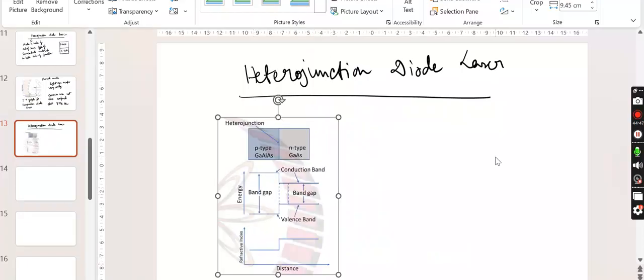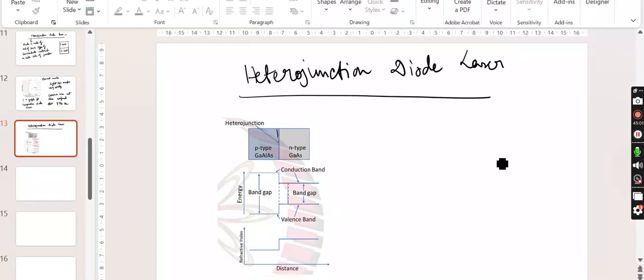So for the heterojunction diode laser, the limitations of the homojunction laser have been overcome. Here both light and the current are confined within the narrow zone of the junction layer. So this is the narrow zone of the heterojunction.